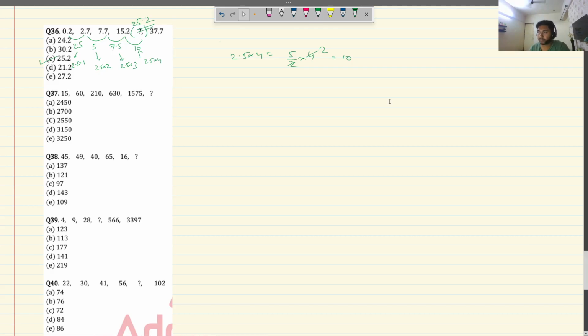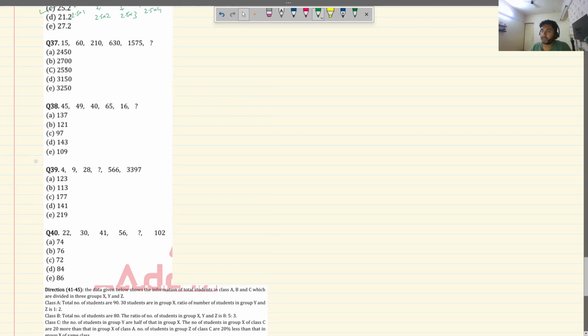Next question. Okay, there is a big jump. I can see by the end we have reached in thousands starting from 15. So there must be some kind of cubes or squares or multiplication of some sort.